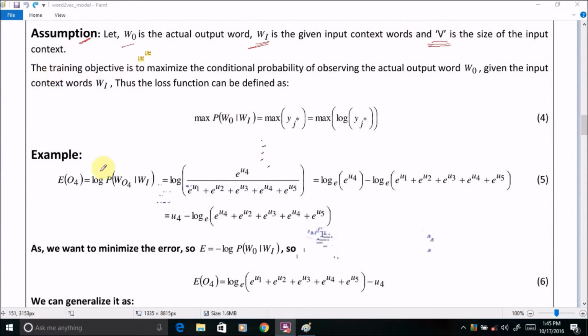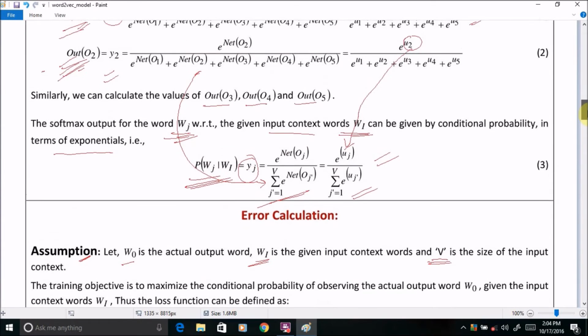Our training objective is to maximize the conditional probability of observing the actual output word W0 given the input context word Wi. Thus the loss function can be defined as maximizing the probability of W0 given the input context Wi. This is equal to maximizing Yj star, where j star represents the index of the actual output word, which may be equivalent to maximizing the log of Yj star.